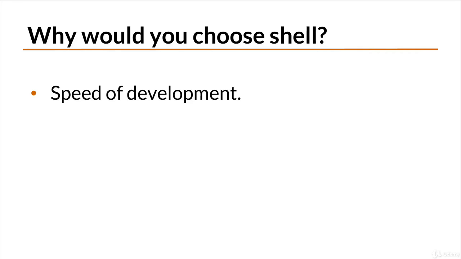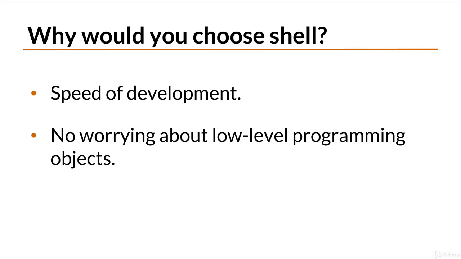You could do that in just a few lines of shell code and be done fairly quickly. However, accomplishing that same task in C would take a lot of time and effort. When you're writing shell scripts, you don't have to worry about low-level programming objects such as bytes, pointers, declaring data types, and so on. The shell is a high-level language that allows you to express complex operations simply and clearly.